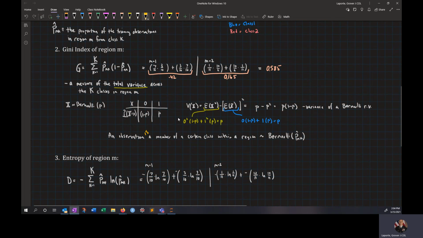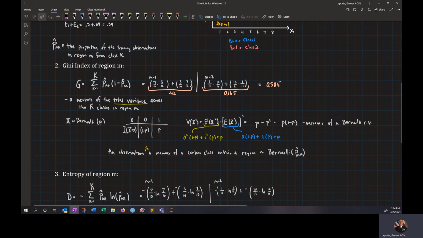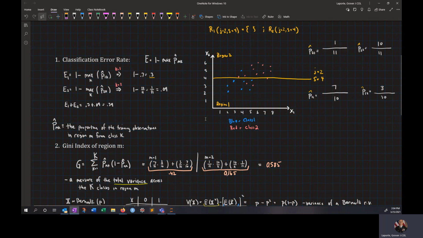So the Gini index of M, how would we put that together? That would be this sum over k from 1 to K of all this. Let's go back and remember. If we're talking about region M equals 1, we would get 7/10 and 3/10. So 7/10 would be here, 1 minus 7/10 would be 3/10.